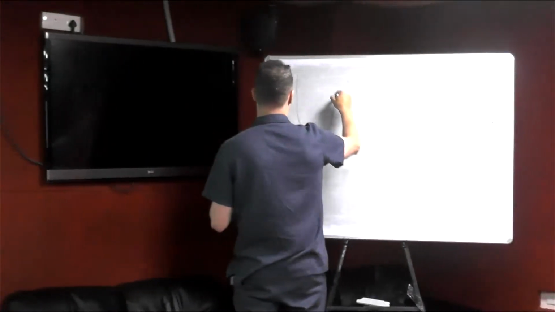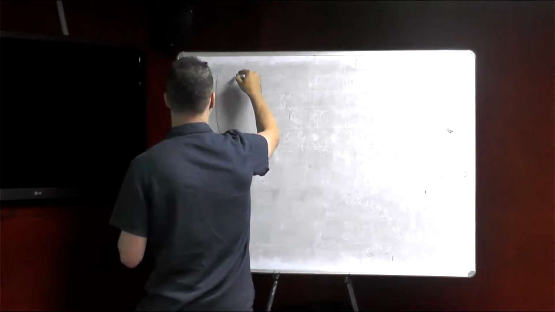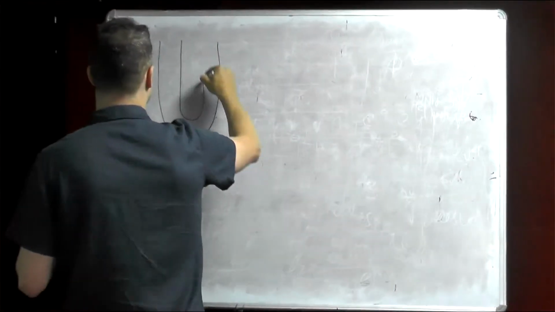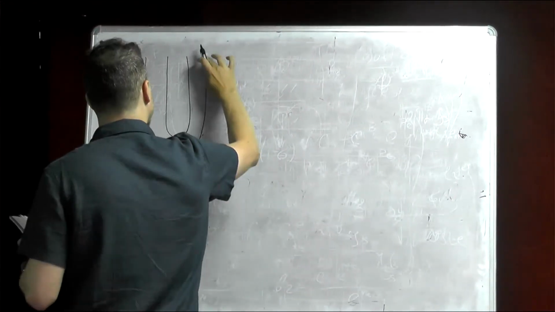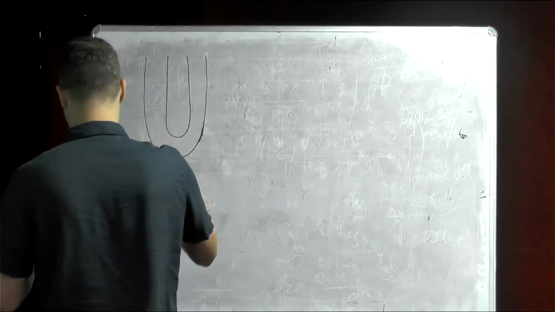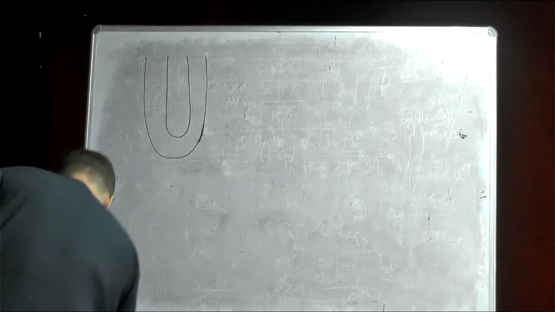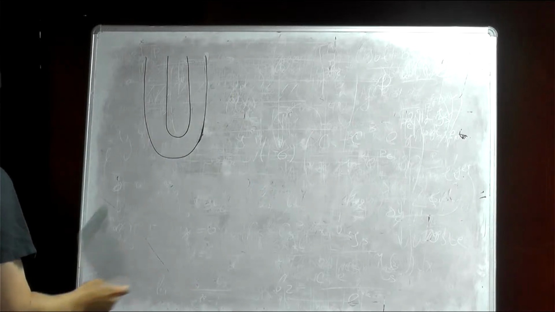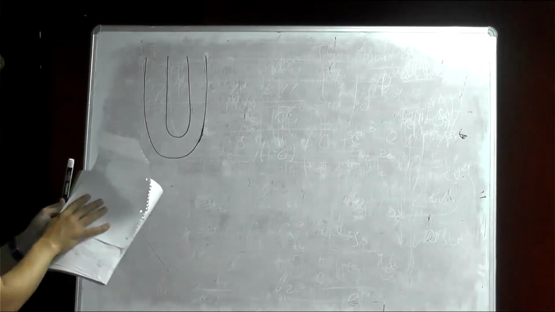So on the one hand, we can have a system where the ascending and descending loops are very close to each other.